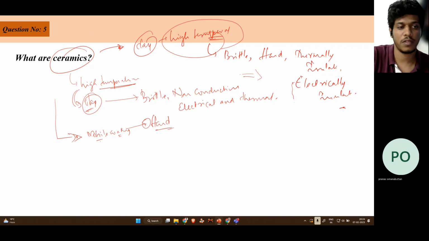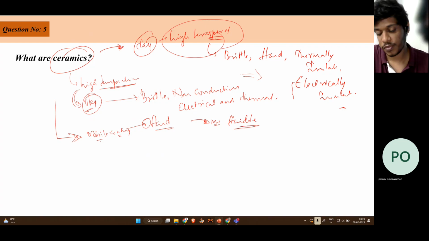Recently, ceramics have also started being used in mobile phones as they are very hard materials, which makes these mobile phones much more durable.